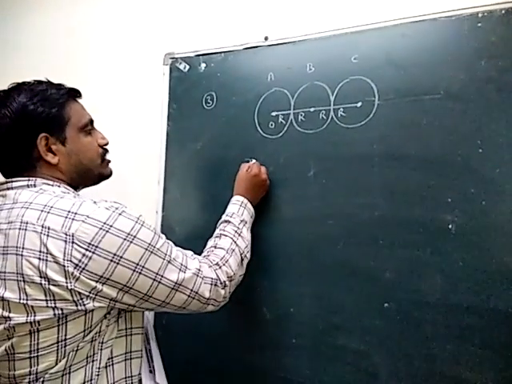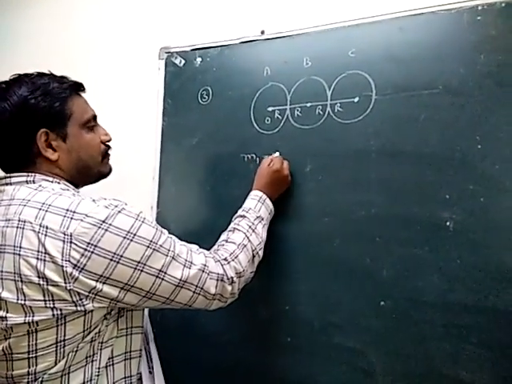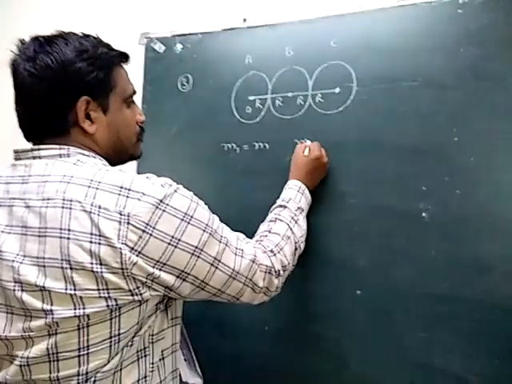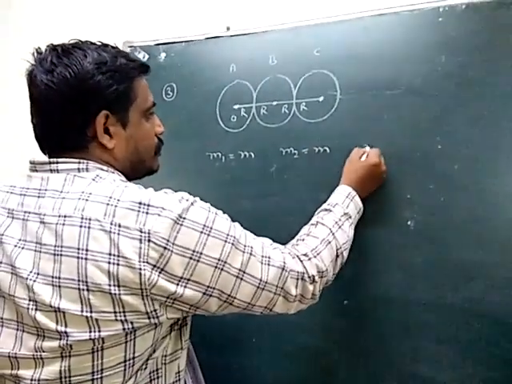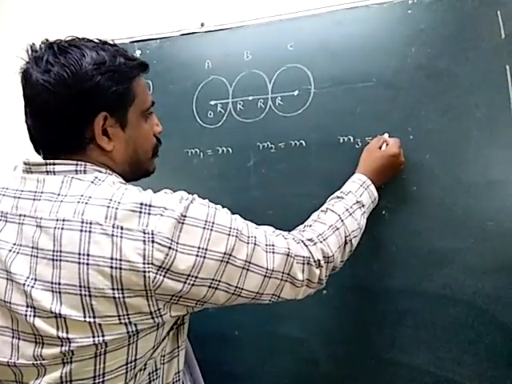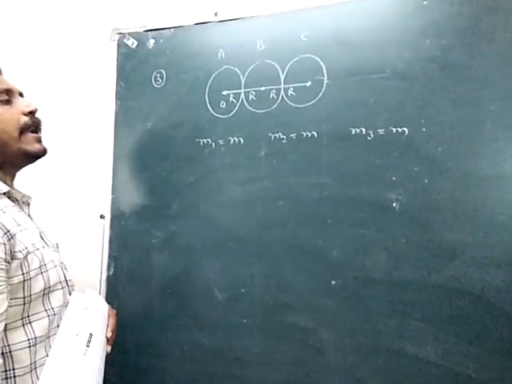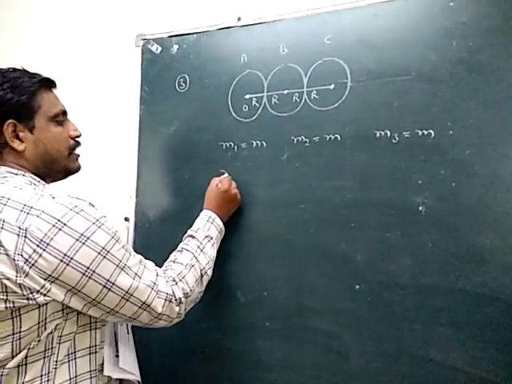Here how many bodies are there? Three bodies. First body mass m, second body mass m, third body mass m, because the three spheres are identical.